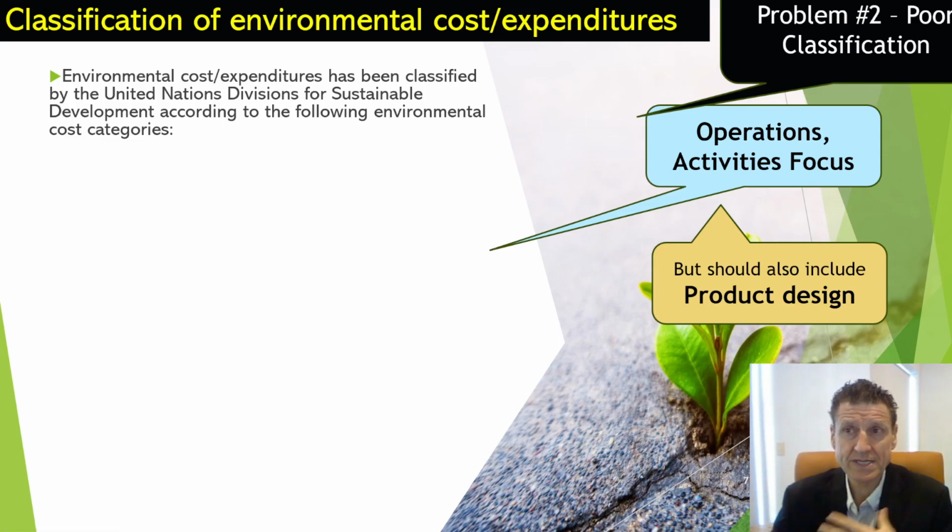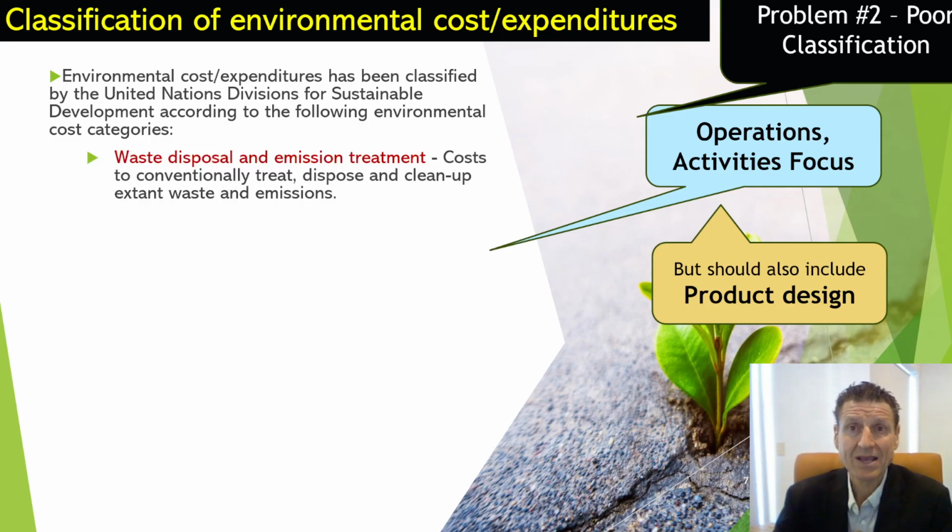Let's just have a look at this in a little bit more detail. So for example, environmental costs and expenditures have been classified according to the following environmental cost categories. There's waste disposal and emission treatment: costs to conventionally treat, dispose and clean up extant waste and emissions.